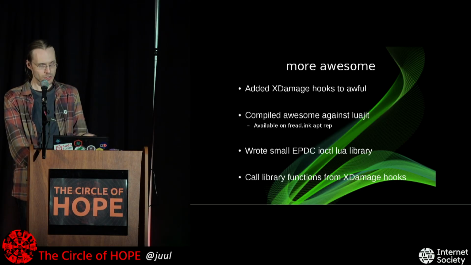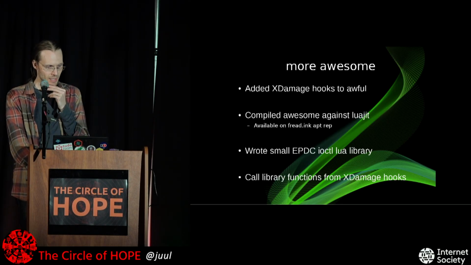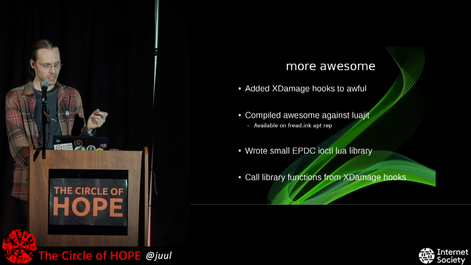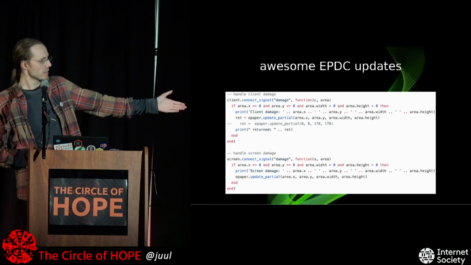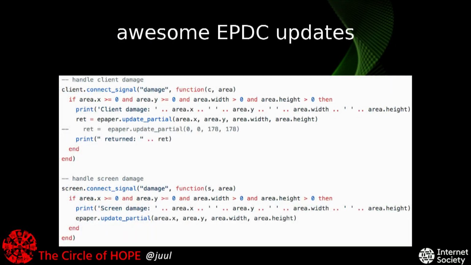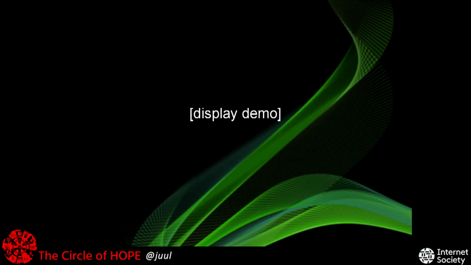I compiled Awesome against LuaJIT to get some speed, and then I wrote this tiny EPDC I/O control Lua library, and here's the little final piece of code for Awesome, where you can see I'm connecting to the damage signals for each client as they come up and for the screen itself. And then every time there's a damage event, it gets the area, and it does this ePaper update partial, which triggers the I/O CTL. All right, so let's look at this.